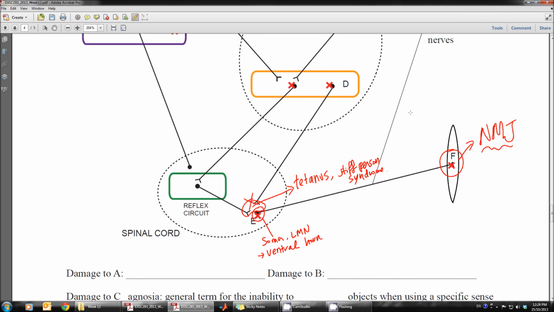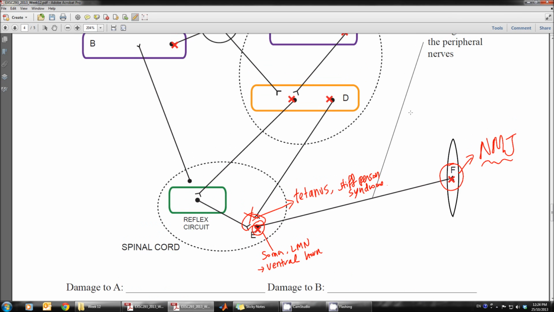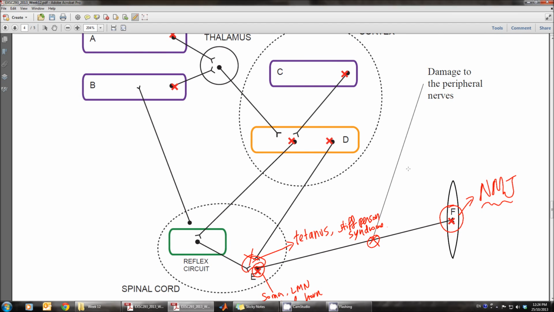And we can also indicate damage to the axon of the lower motor neuron. If you have damage to the axon of the lower motor neuron, it's peripheral nerve damage.